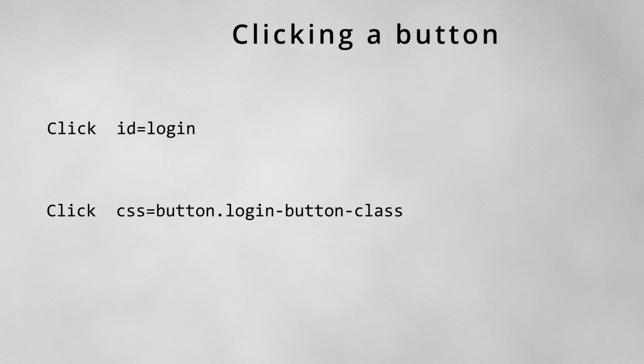IDs are fast and unambiguous if used consistently by developers. CSS selectors let you target elements based on their classes, attributes, or hierarchical relationships. Examples are on the screen. CSS is typically easy to read and maintain, and it performs efficiently. It is often the go-to method if IDs are not available or reliable.